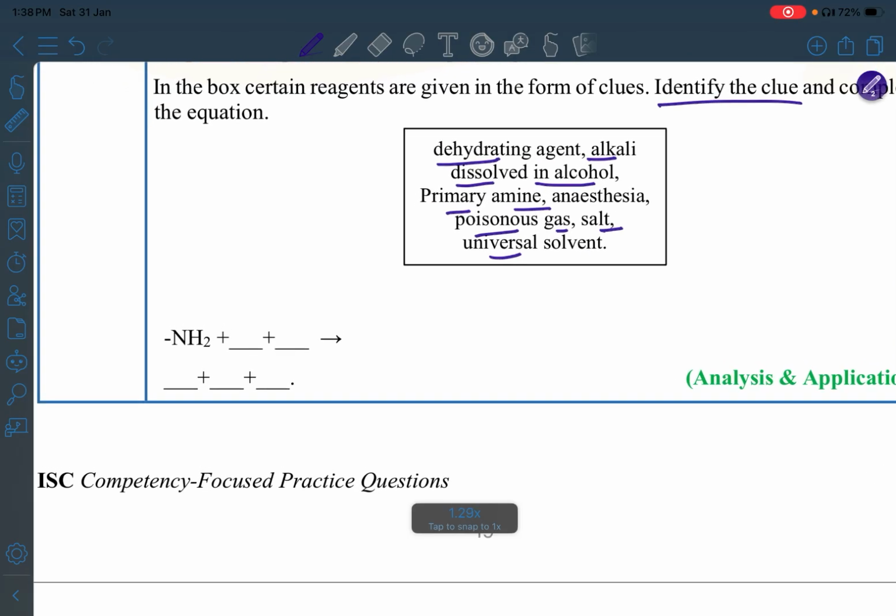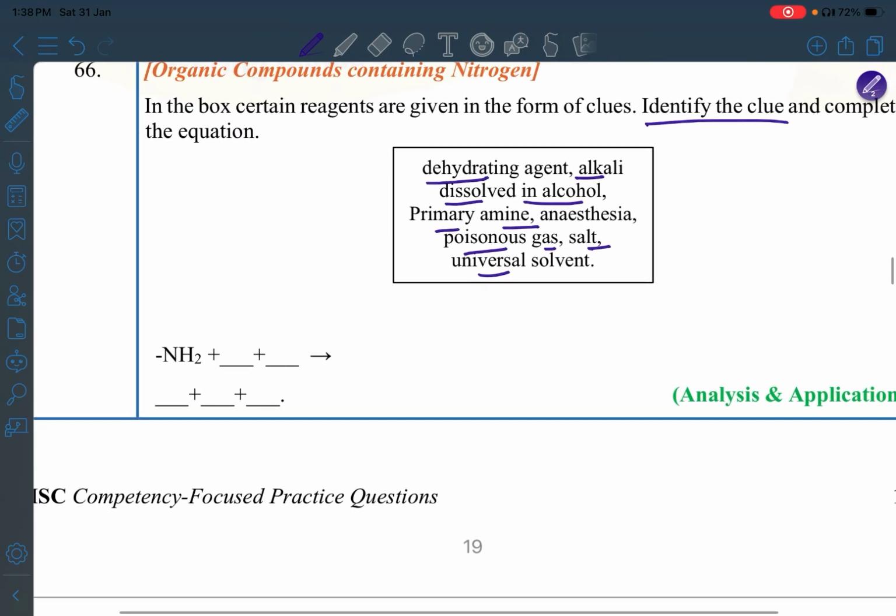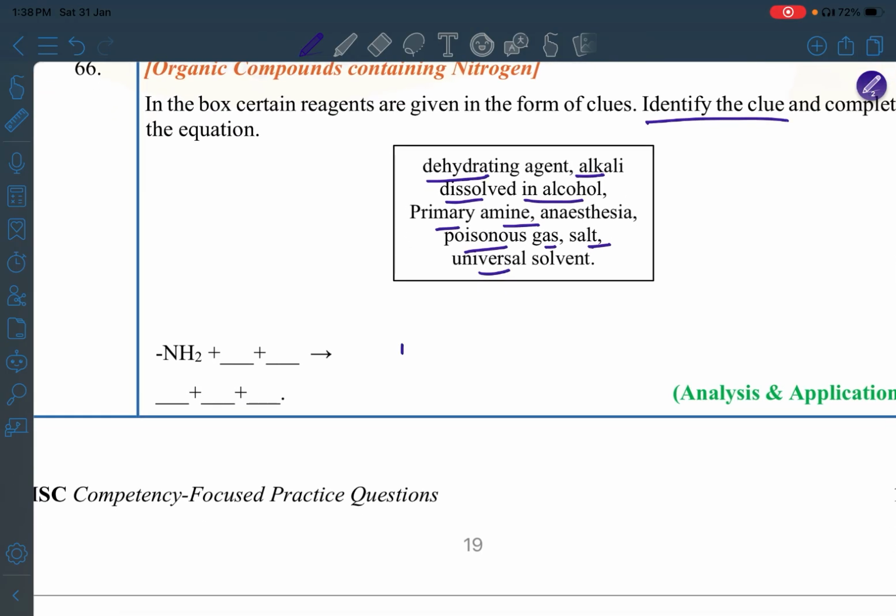The first thing we have is an amine, RNH2, which reacts with chloroform in the presence of alcoholic KOH and gives RNC, which is a poisonous gas, then KCl, and then H2O, which is a universal solvent.